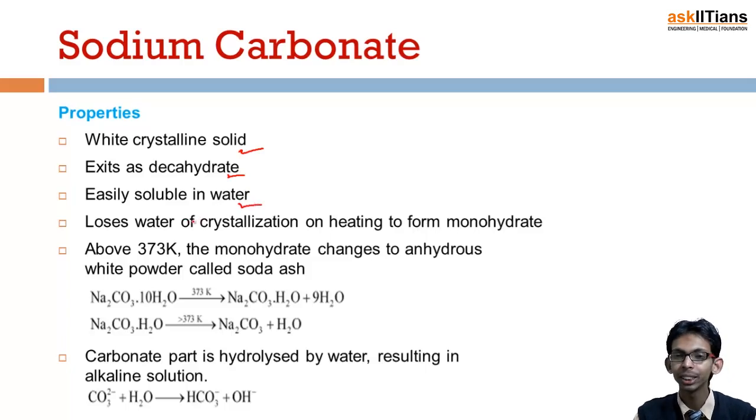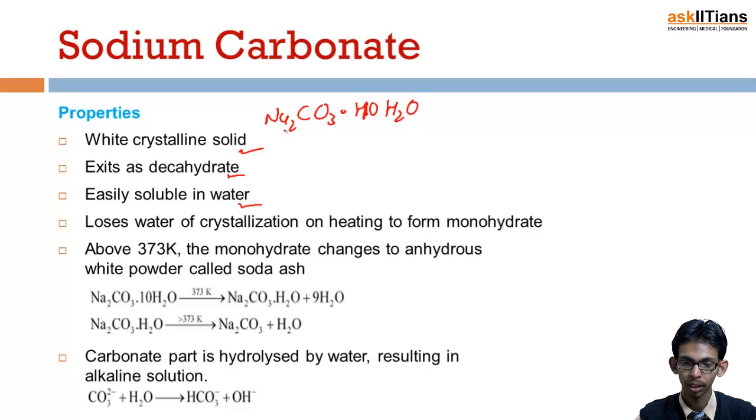It loses its water of crystallization. Actually, it exists in this form: Na2CO3 is the general formula, and it exists along with 10 water molecules. When it is heated, it loses 9 waters of crystallization and results in formation of the compound Na2CO3.H2O, as you can see here.